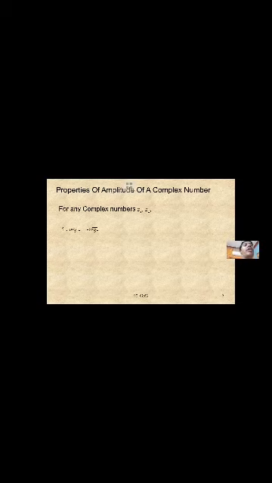Properties of amplitude of a complex number. For any complex numbers z1, z2: first, argument of z equals minus argument of z bar.